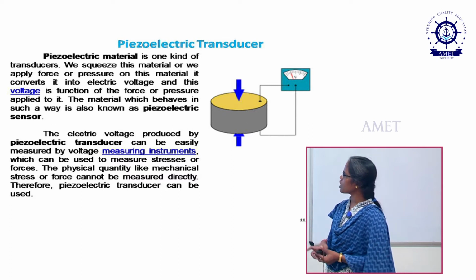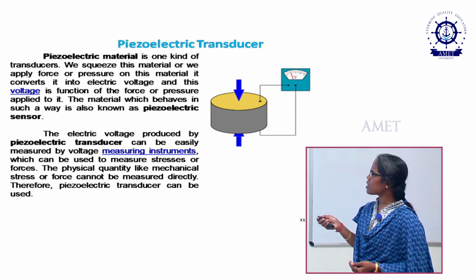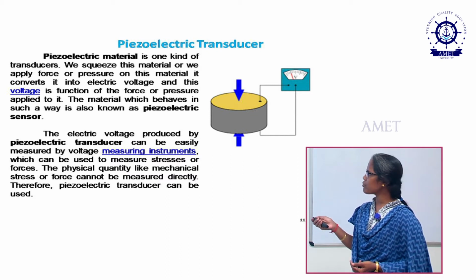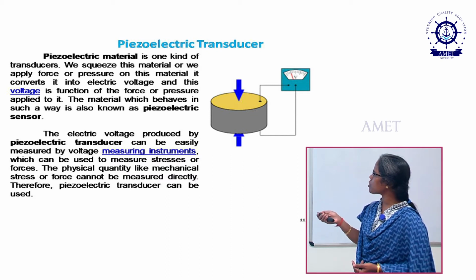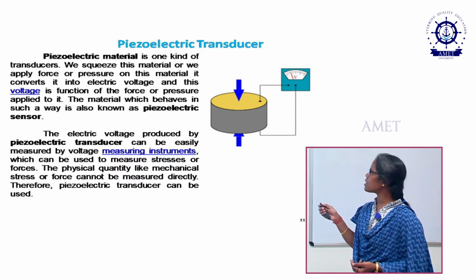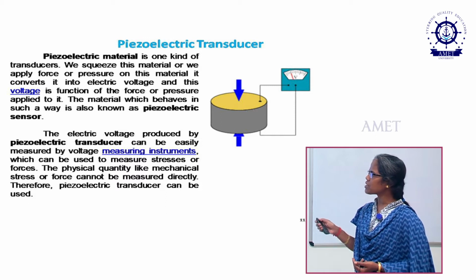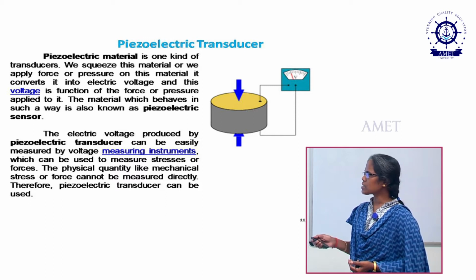This is a variable change, a variation with applied force, compressive force and tensile force. It depends upon the pressure variations; the voltmeter reading increases or decreases. This material behaves as a piezoelectric sensor.